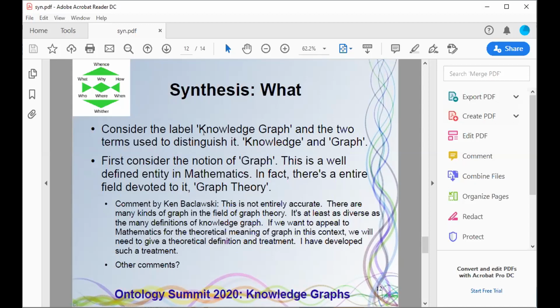There are at least as many kinds of graph in the field of graph theory as there are definitions of knowledge graph. So if you want to appeal to mathematics, then you really do have to start getting into the theoretical aspects and come up with a theoretical definition and treatment.